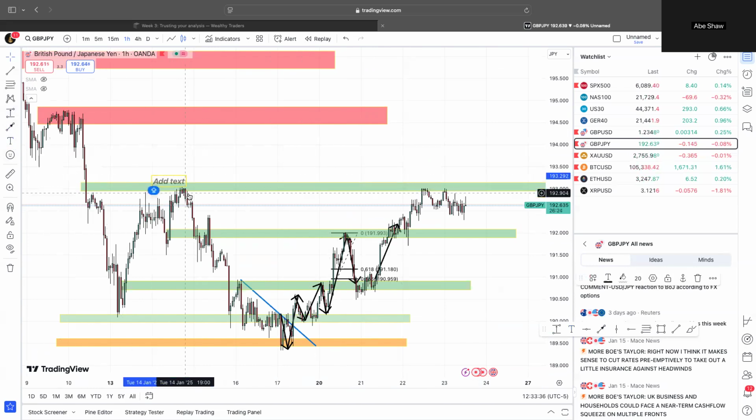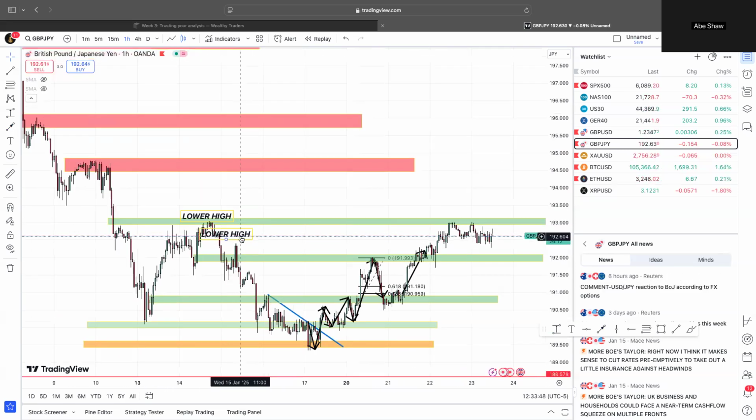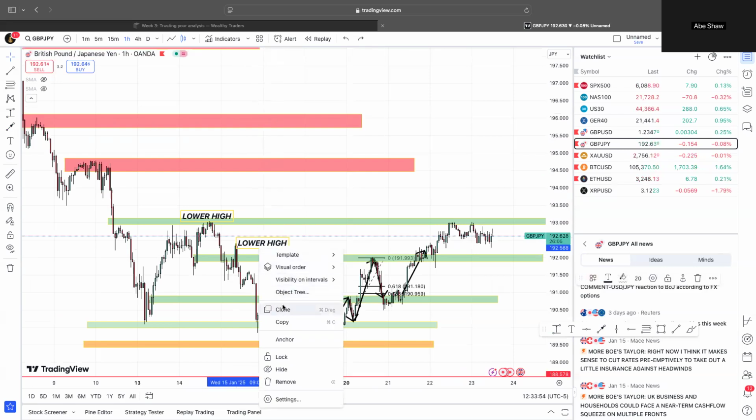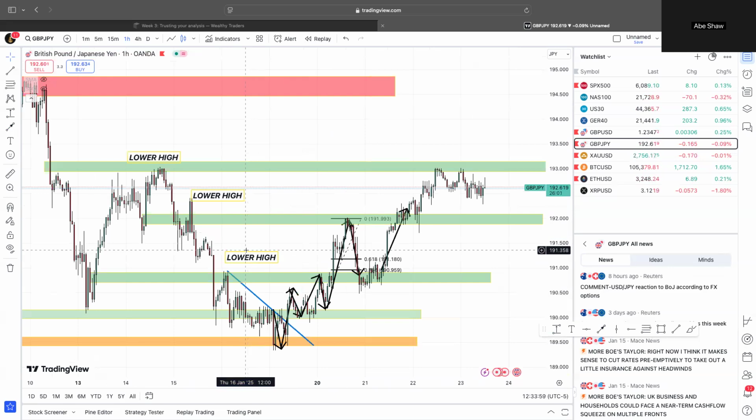So let me actually mark this up right quick. So this was the lower high once upon a time. Boom. These were lower highs. Let me see if I can do it quickly without mouse tripping. These are all lower highs right here.